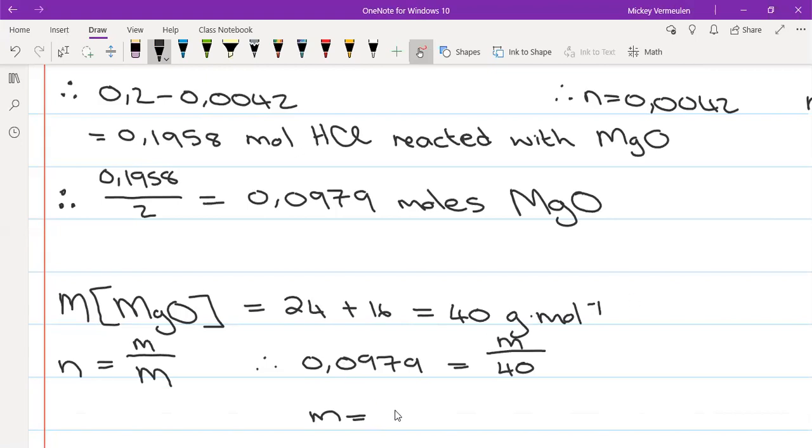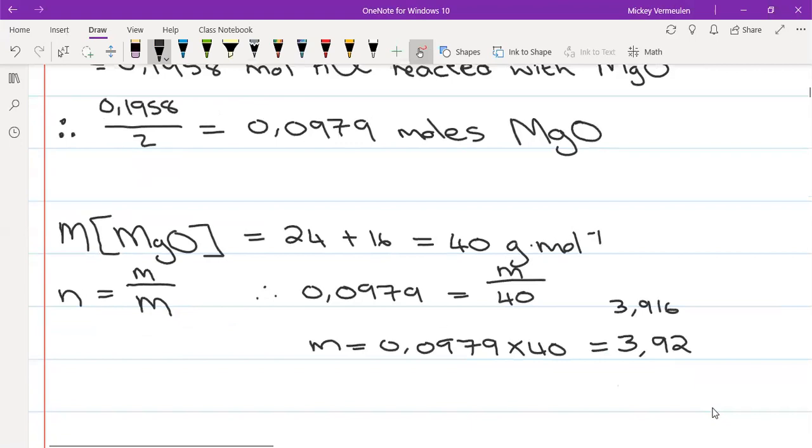Okay, so to get rid of this 40, I have to go 0,0979 times 40. And my calculator tells me that that is 3,916. So I'm going to go 2, but you could just leave it as this value.